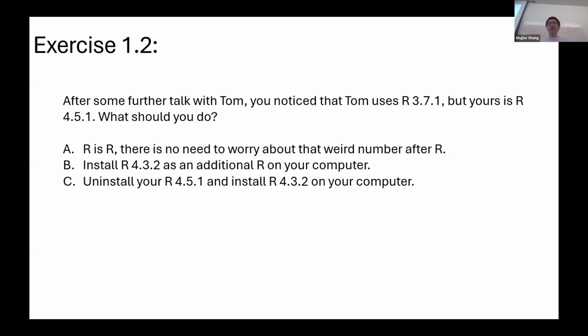A, you just ignore the weird number, like R is R, there is only one R. Or B, you install R 4.3.2 as an additional R on your computer. Or C, you first uninstall R 4.5.1 and then install R 4.3.2, because if your computer sees two Rs, perhaps it will be confused.